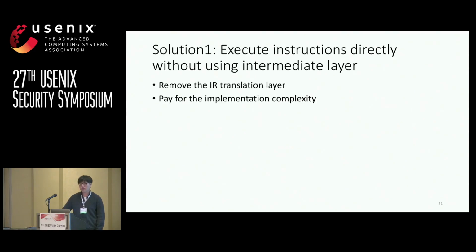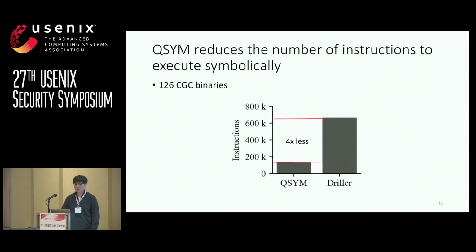So as a solution, QSYM executes the instructions directly without using this intermediate layer. Yes, we have to pay this implementation complexity, but we are willing to pay it for performance. As a result, QSYM reduces the number of instructions a lot.